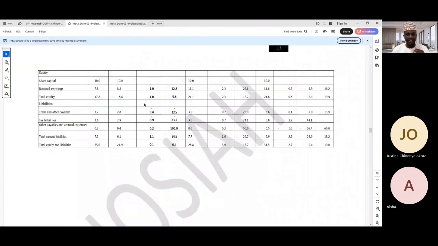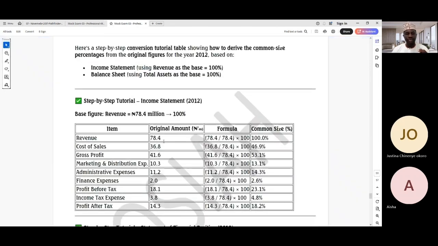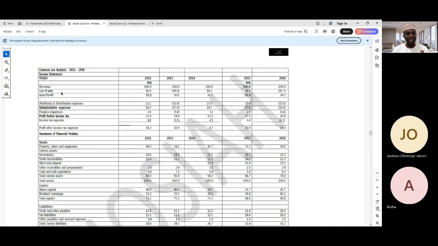Okay, so having done trend analysis, we're also supposed to do common size for this same acquisition target, which is BBNL, just like we did. In doing common size, you need to convert the base revenue to 100%.